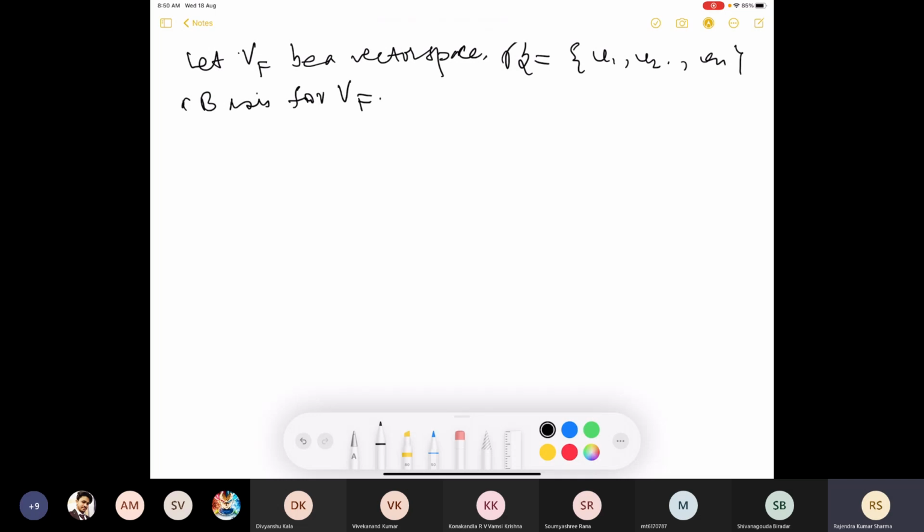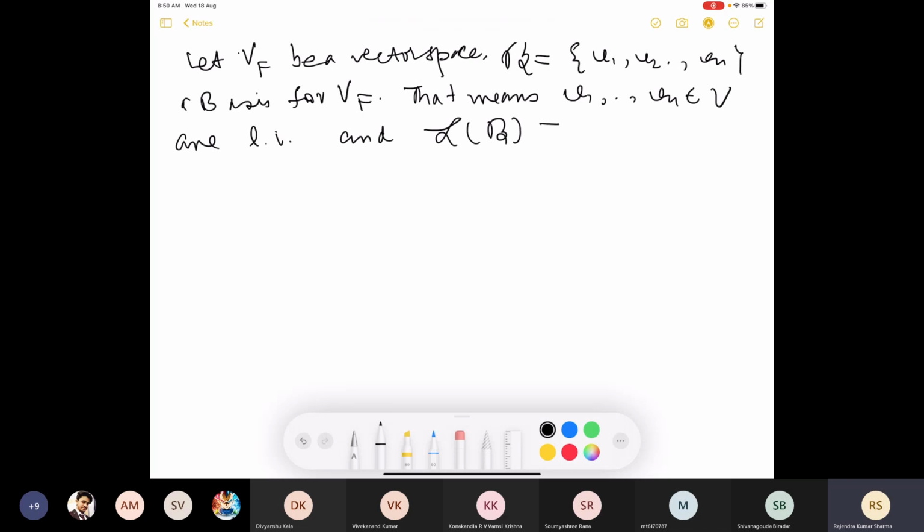That means V1, V2, up to Vn in V are linearly independent, and the linear span of these vectors is the whole of the vector space V.